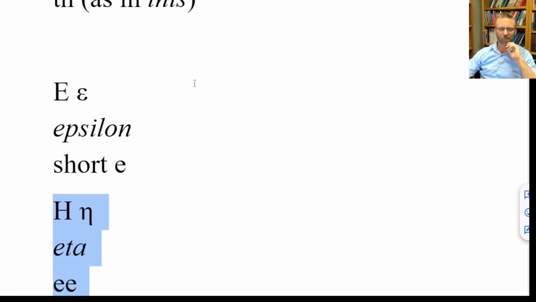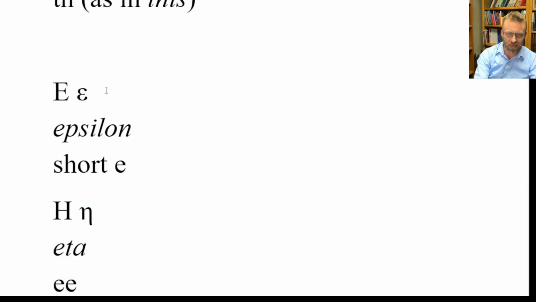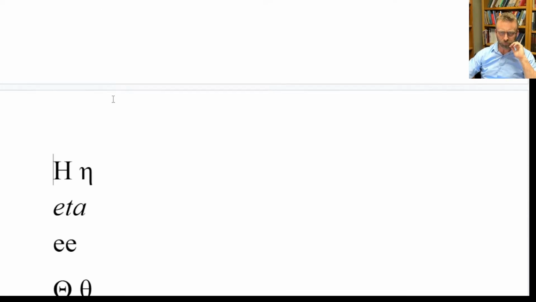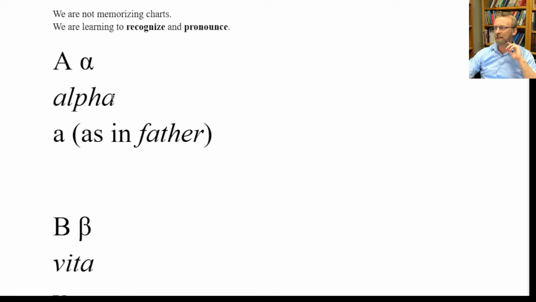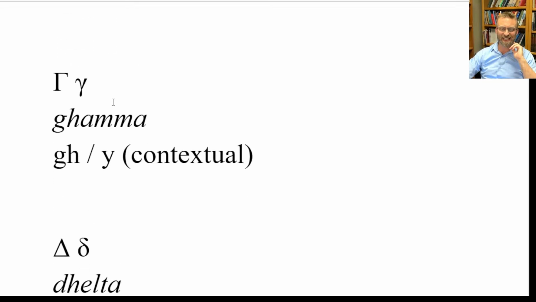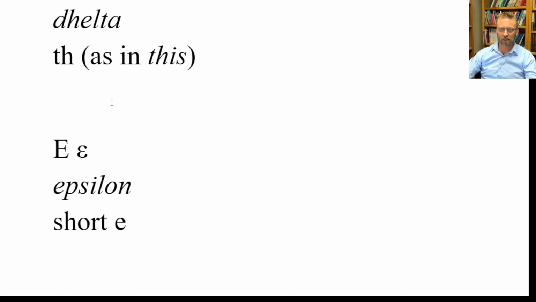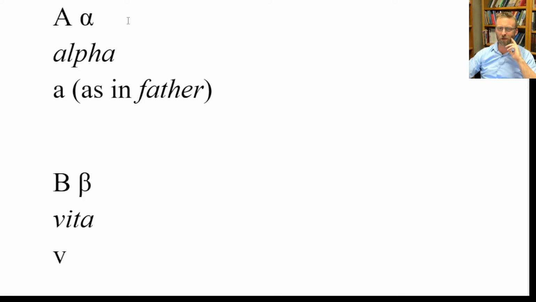All right. So we've got epsilon next, which is going to be a shorter E, epsilon. Okay. So far you can see that our alphabet roughly corresponds to the English alphabet, but instead of A, B, C, D, E, we get A, B, you might say G, D, E. But that's like, oh, wait a second, that's like Hebrew, isn't it? So what's the Hebrew alphabet for those who know it?